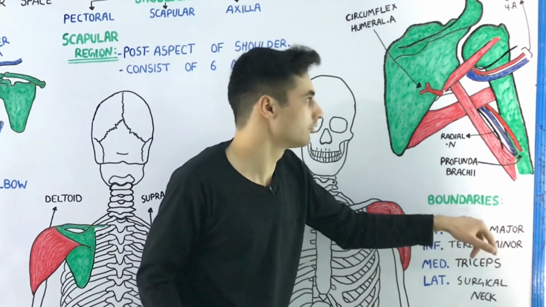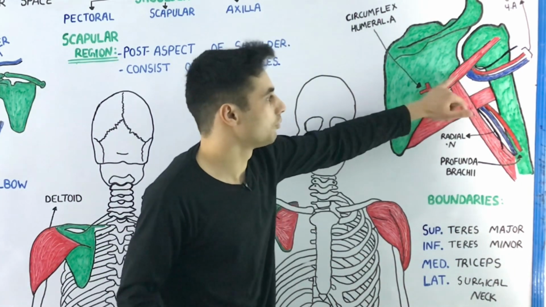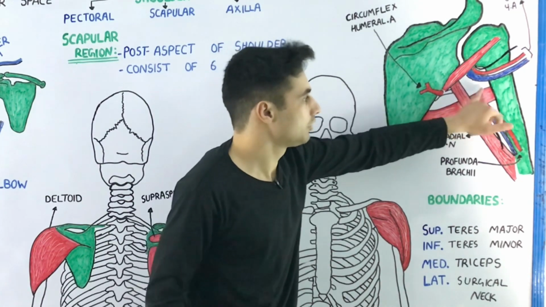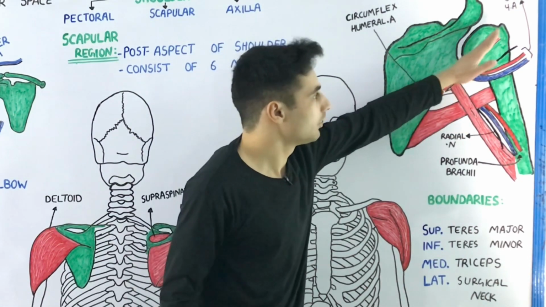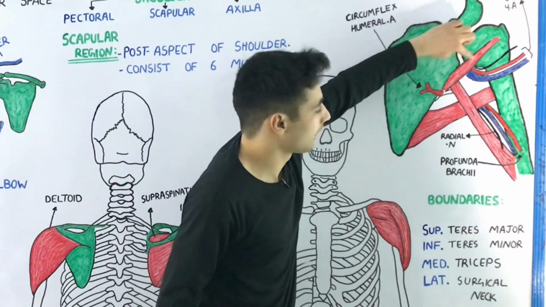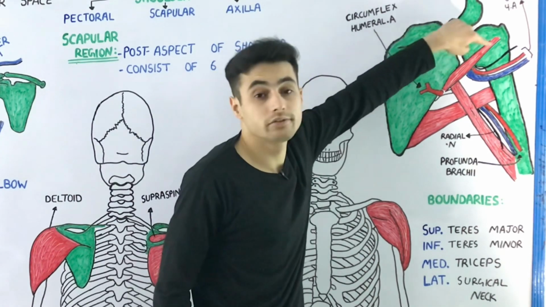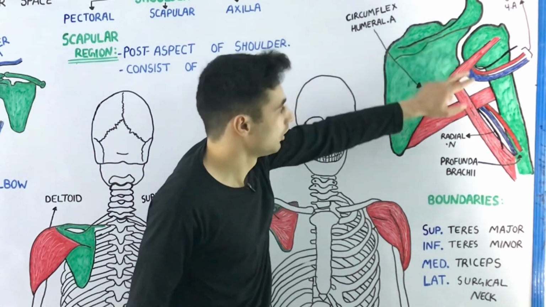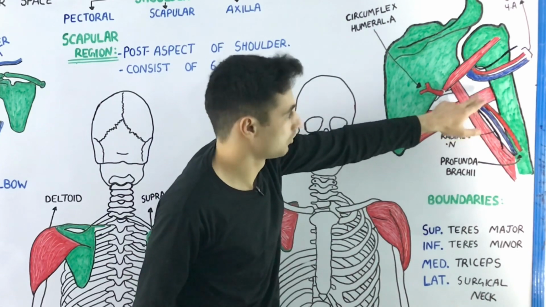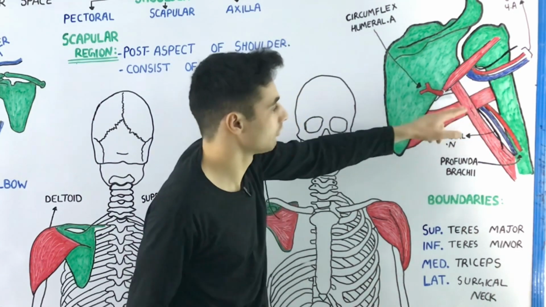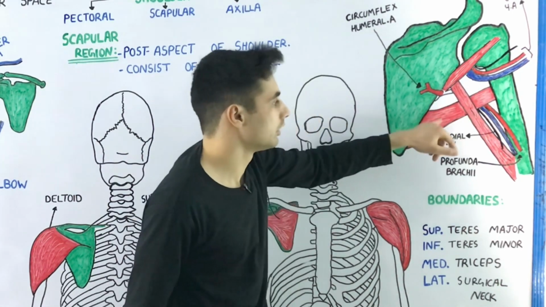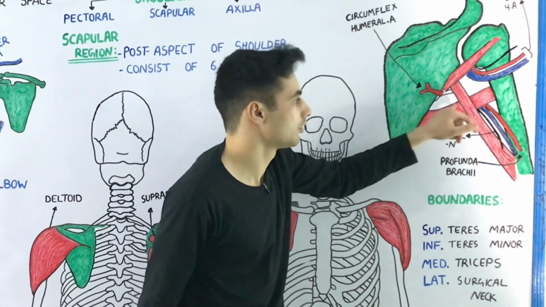Superiorly or above, we have the teres minor muscle. Have a look. If this is the quadrangular space, above or superiorly, we have this muscle. Now, look below this quadrangular space. Inferiorly, we have another muscle, the teres major muscle.